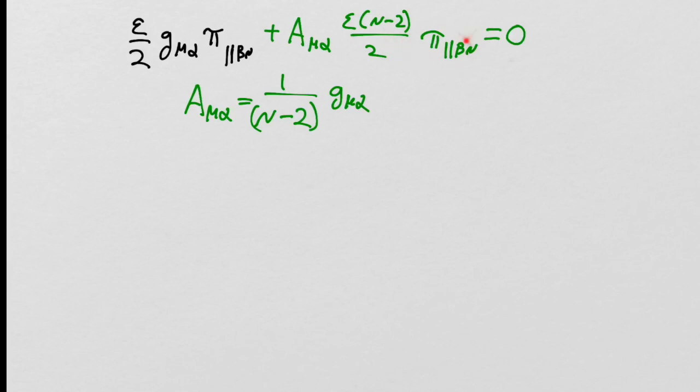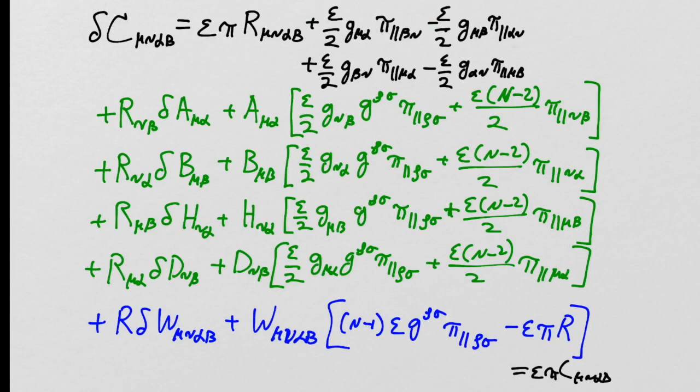So you would have g mu alpha times this, which would match that. And what's left over? Epsilon over 2. So this is our solution for a mu alpha, given the idea that we want this to cancel with this. So that cancellation forces this choice. Now there's a lot of other stuff floating around here that we have to worry about, but at least we've got a handle on this.